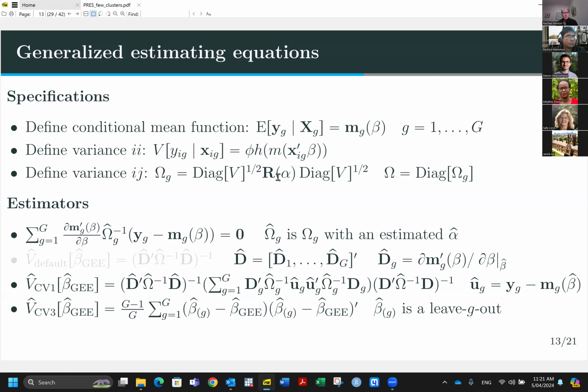For example, with cluster equicorrelation, you can specify a cluster equicorrelated model, which assumes that clusters are all the same, and you will improve the efficiency of your estimator. You will get smaller standard errors, and this improvement is proportional to how close your specified variance-covariance matrix at the cluster level is to the true one. And then you still can do this, but if you use CV1, that would robustify your choice.